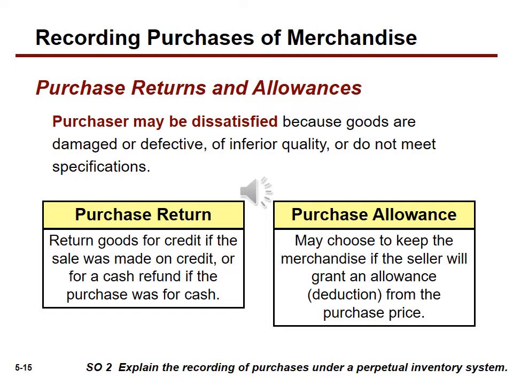So let's say 5% of the order is damaged, broken, or has any other problem. The supplier might say, fine, you don't have to send these products back to us. You can keep them, but we're going to give you their amount of money as a deduction. So instead of charging you for 100 units, we're going to charge you for 95 units only.